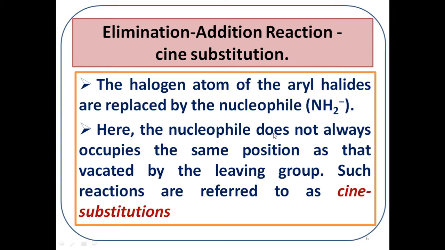And the point to be noted here is that the nucleophile does not always occupy the same position as that vacated by the leaving group. Such reactions are referred to as cine substitution.